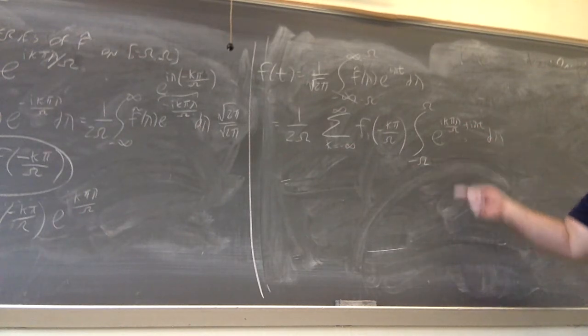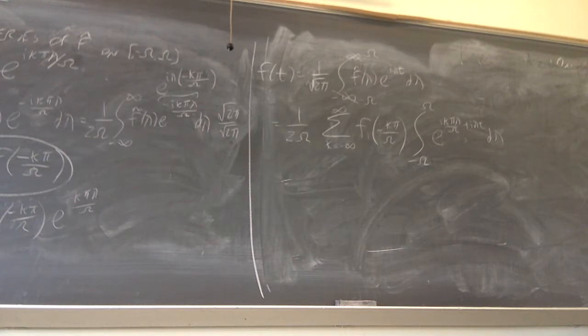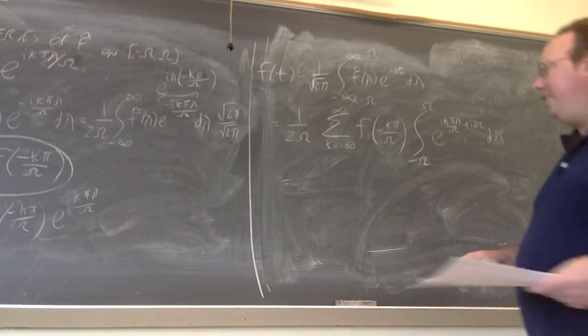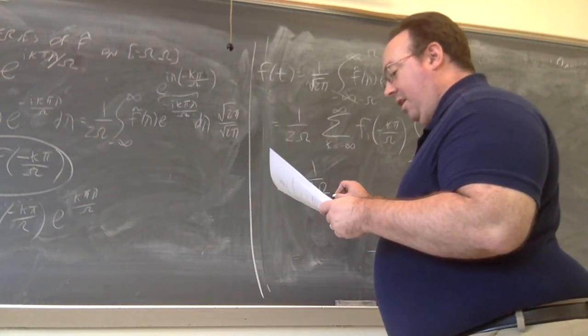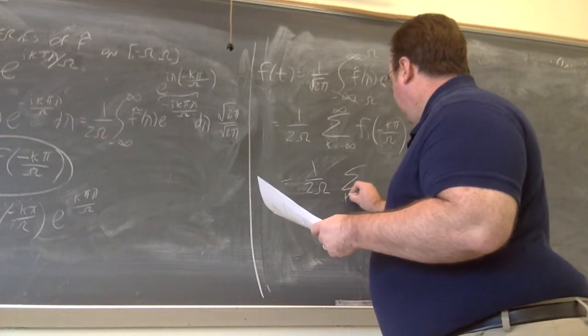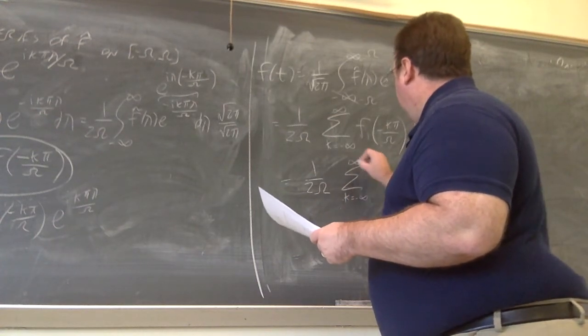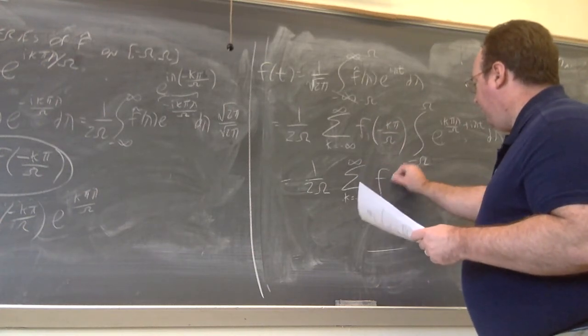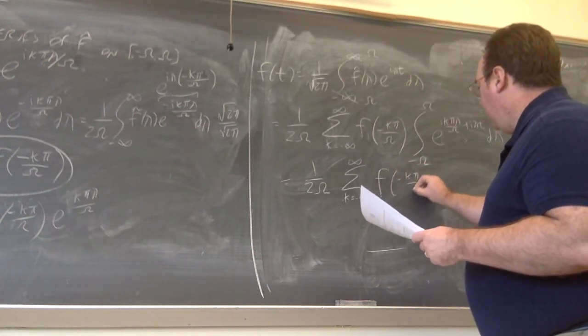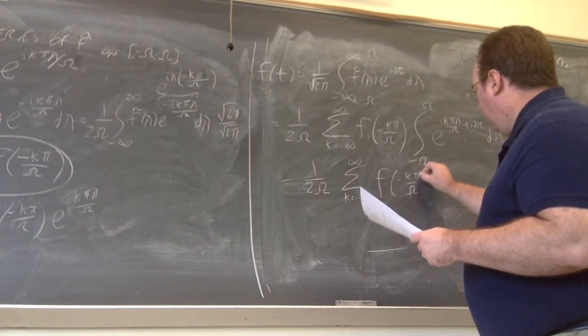This is a symmetric interval, so only the cosine part would have the non-zero result. So what I'm going to get is a sine. All right, so I have all this other stuff. What ends up happening is f of minus k pi over omega.